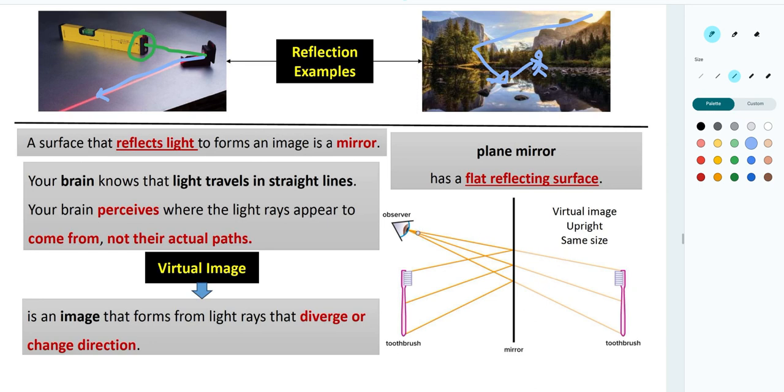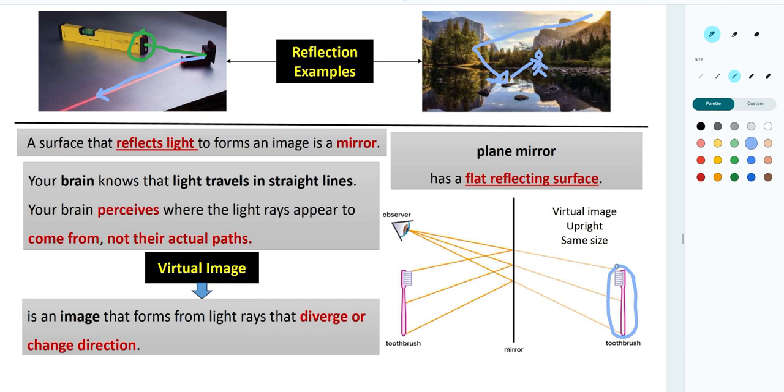So the virtual rays form, and our brain is actually able to form the image. So light is not actually passing through the image. There's no light here, even though the image appears to be there.